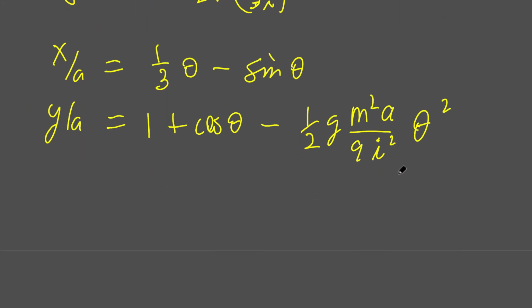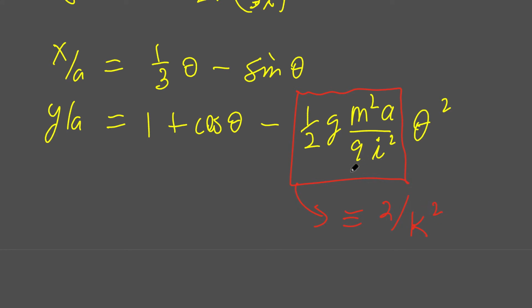Now, what I want to do is define this group of constants. Let me call this 2 divided by k squared. And there's nothing magic about this choice.